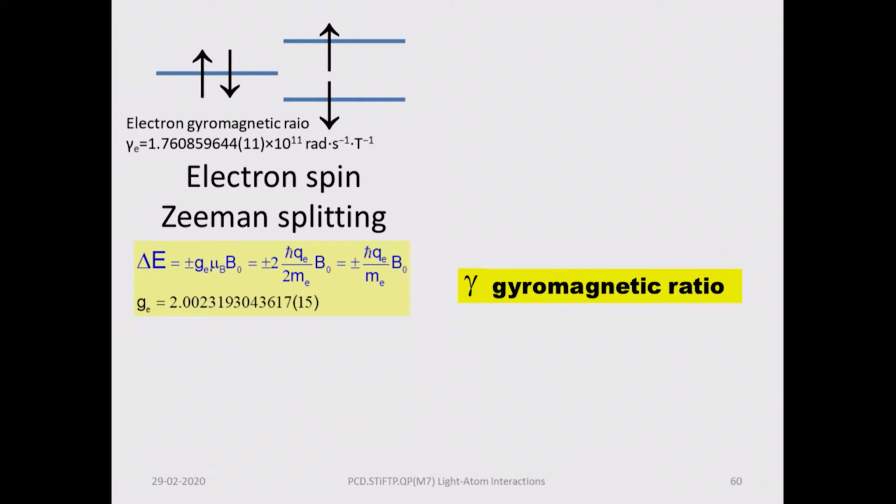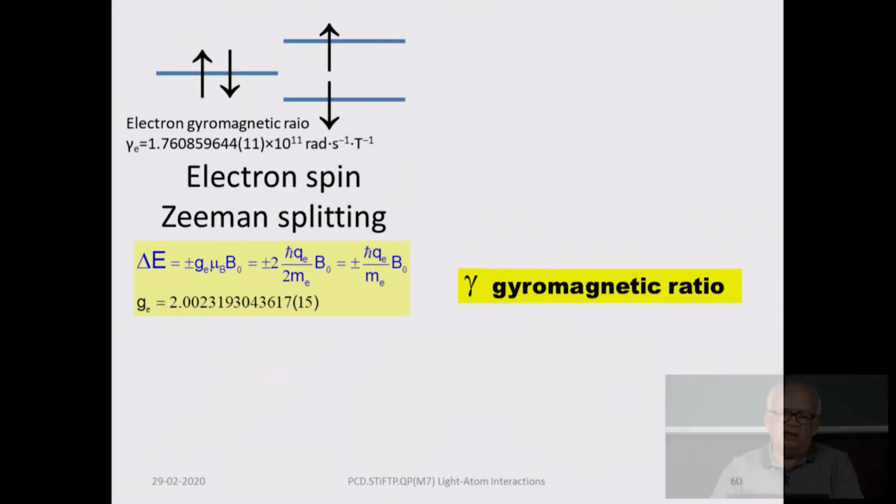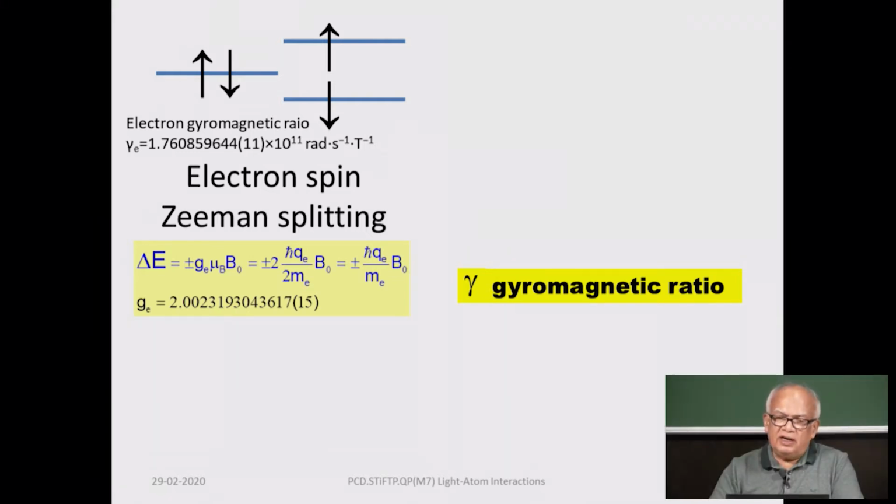And you know that two states which are degenerate split in a magnetic field, one for spin up and one for spin down in the case of the electron spin, and the splitting is proportional to the magnetic field.